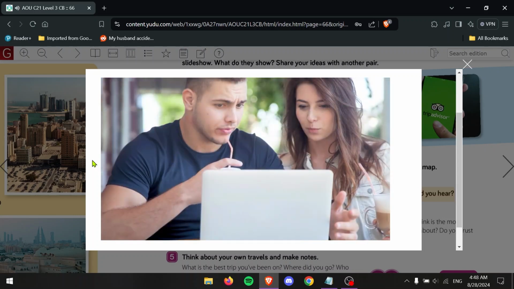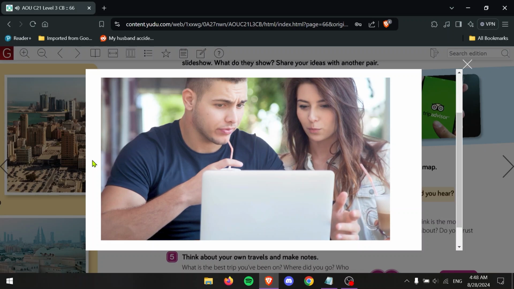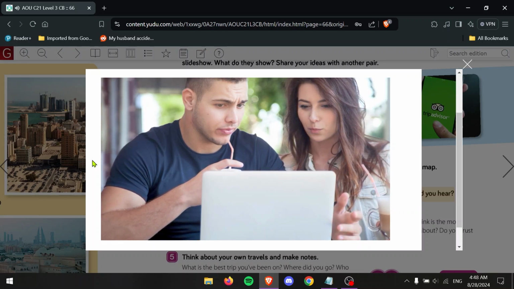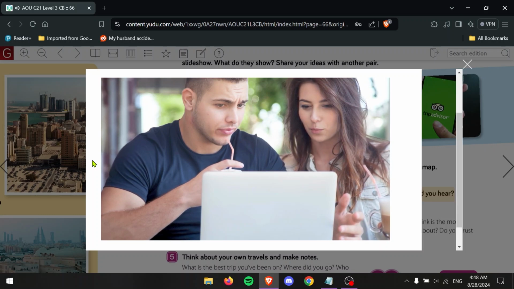So, we have to decide which reviews are helpful to us and which we can ignore. Assessing information like this is a key 21st century skill.